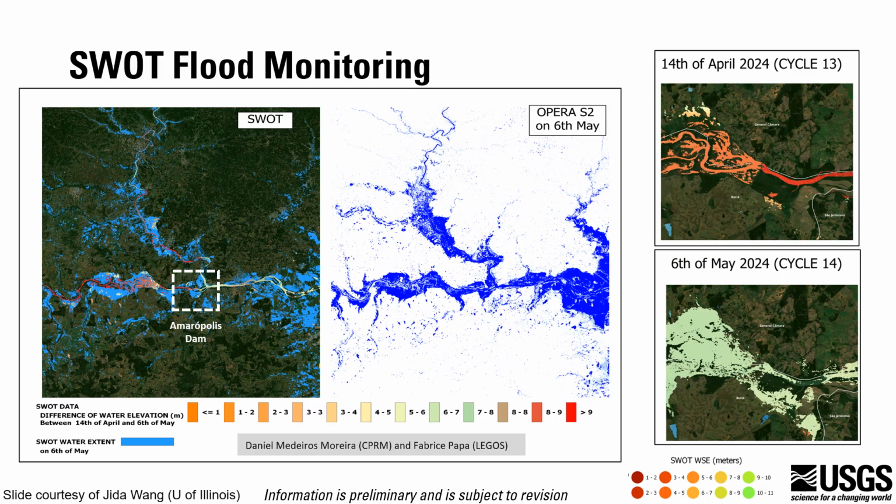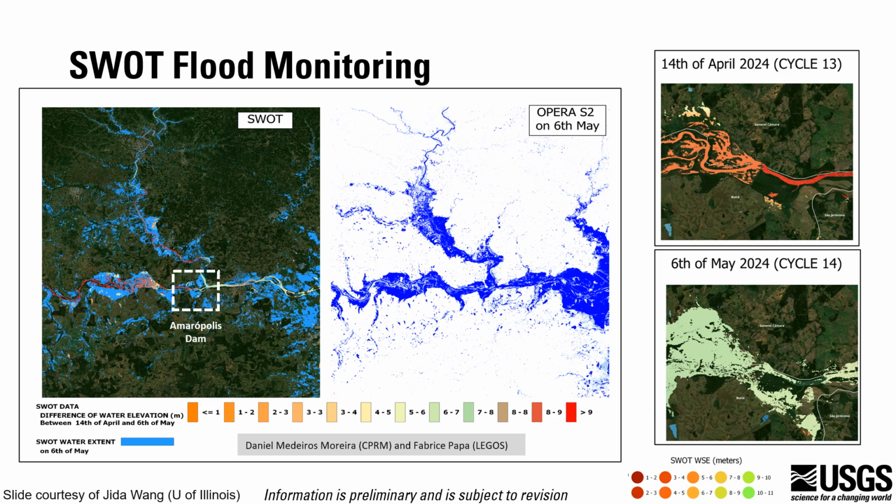Here we see an application of SWOT to detect floods in Brazil. On the left, we have a depiction of SWOT, and in light blue is the water extent, and then in red and yellow colors, we can see the relative elevation difference between the water bodies from flooding to prior to flooding period.